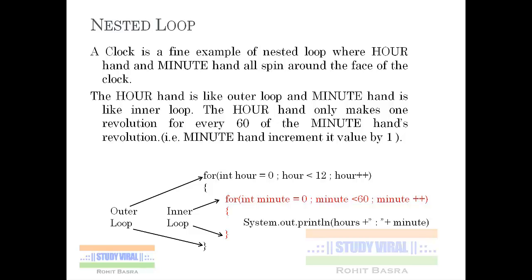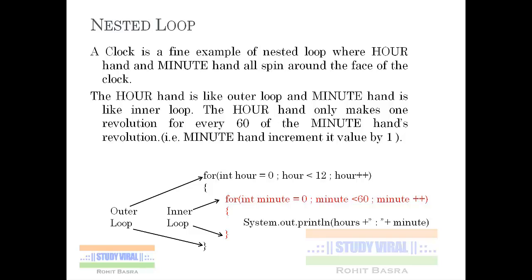Assume that when the minute hand completes one revolution of 60 minutes, the hour hand changes its position from 1 to 2 or 2 to 3, whatever the time is. Now you can see the example at the bottom of the slide: I used the hour variable for the outer loop and the minute variable for the inner loop.